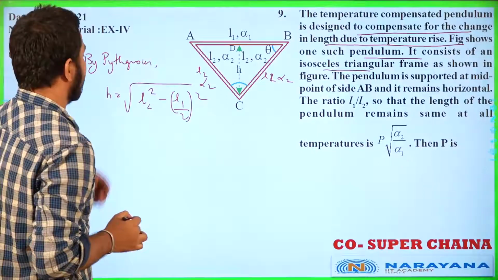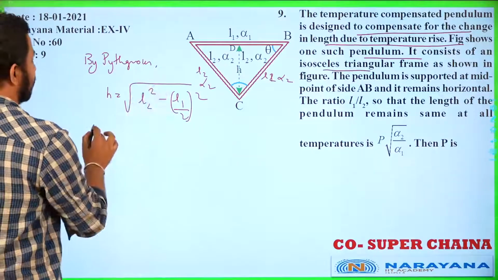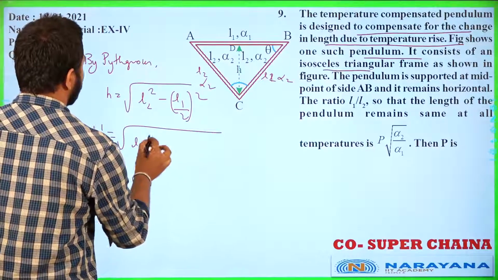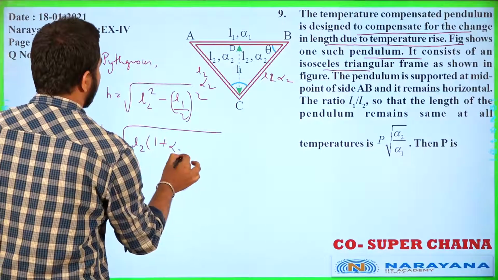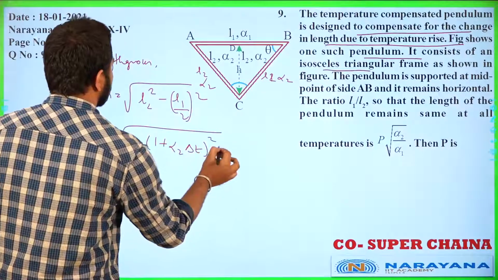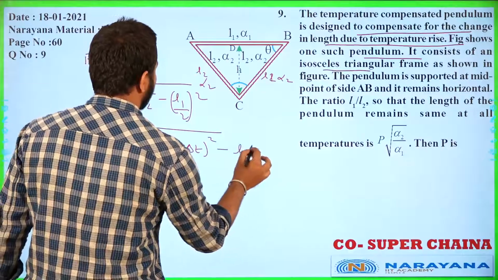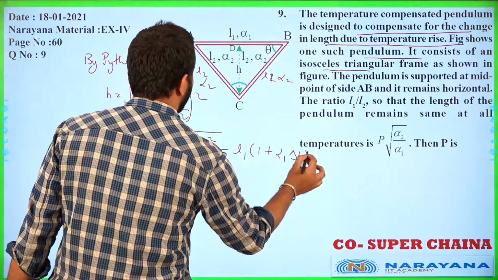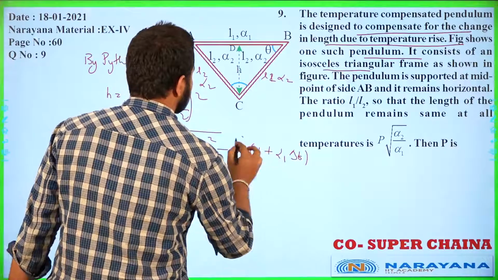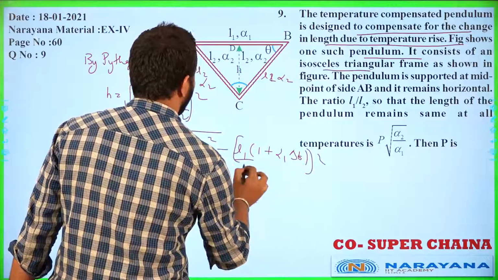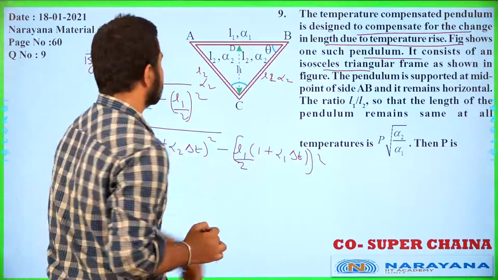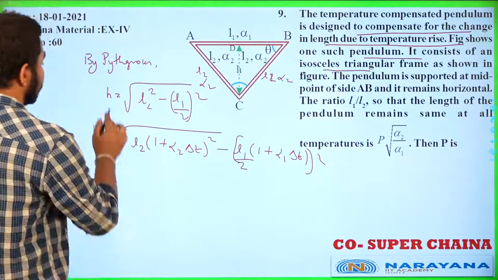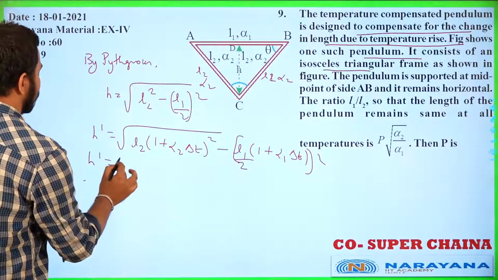Now, this is my H, and if I increase the temperature, H dash will be nothing but the square root of L2 (1 plus alpha 2 delta T) whole square minus L1 (1 plus alpha 1 delta T) by 2 whole square. Yes. So, if you equate here, student, this H dash is equal to H.